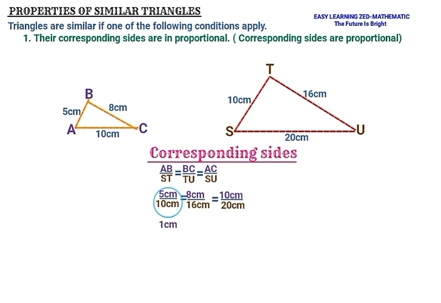So 5 into 5 will give us 1 centimeter, and 5 into 10 will give us 2 centimeter. Now we come to 8 centimeter over 16 centimeter. 8 can go into both. So 8 centimeter divided by 8 will give us 1 centimeter, and 16 centimeter divided by 8 will give us 2 centimeter.